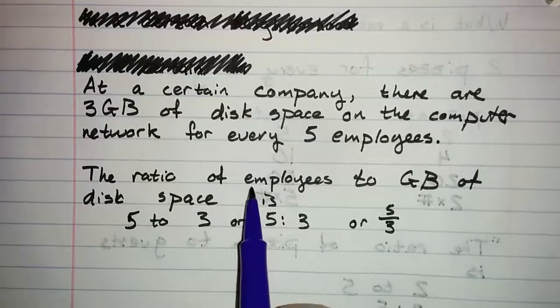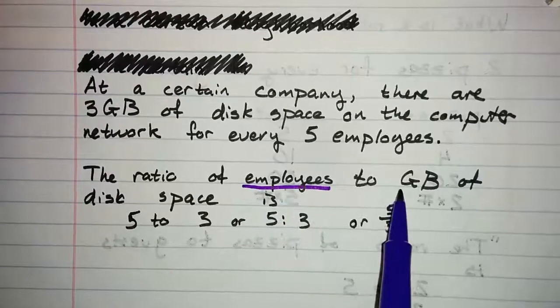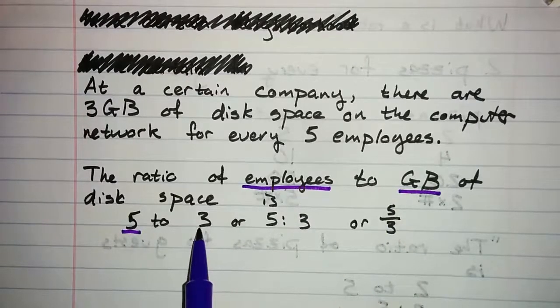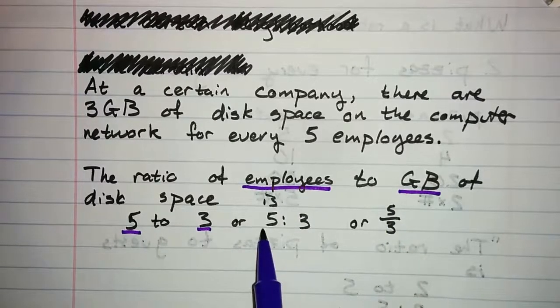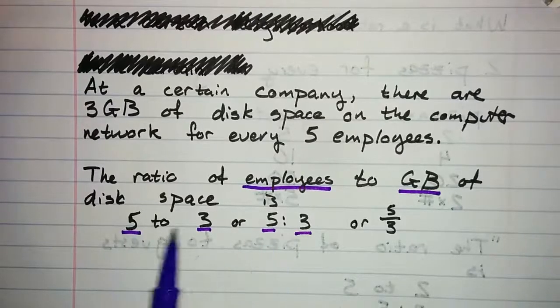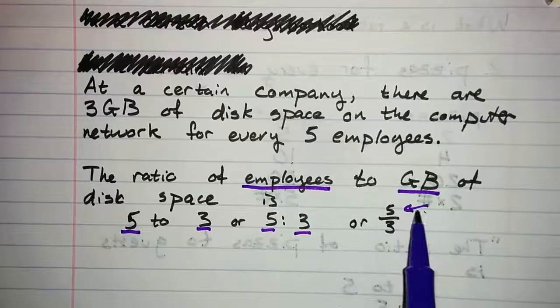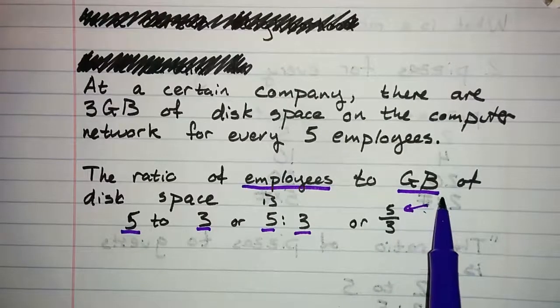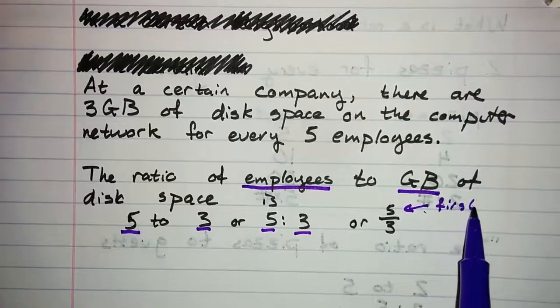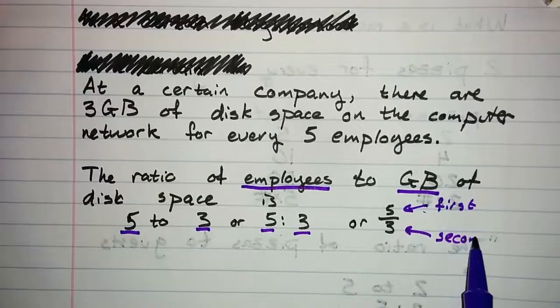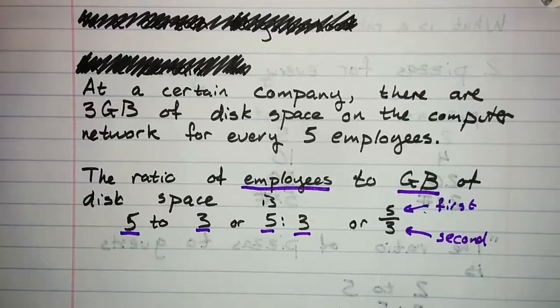Notice the order in which the words appear in the name of the ratio is the same as the order in which the numbers appear in the 2 horizontal ways of writing the ratio. In fraction notation, the first quantity is in the numerator and the second quantity is in the denominator.